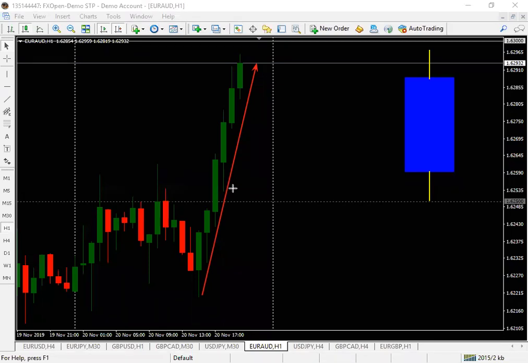So there is actual space on the upside for the price to go up.